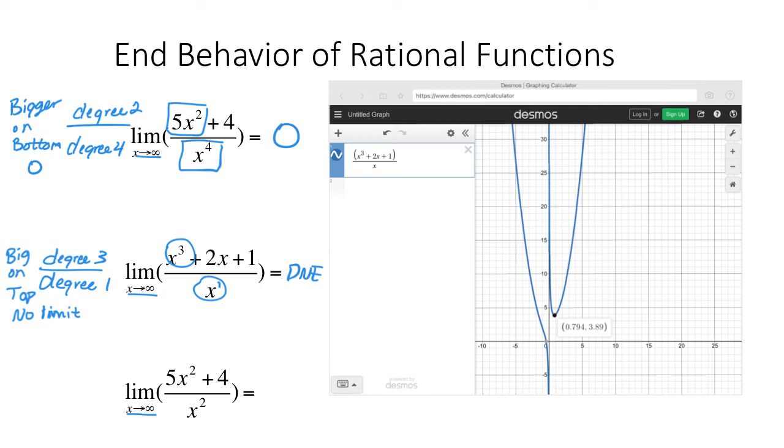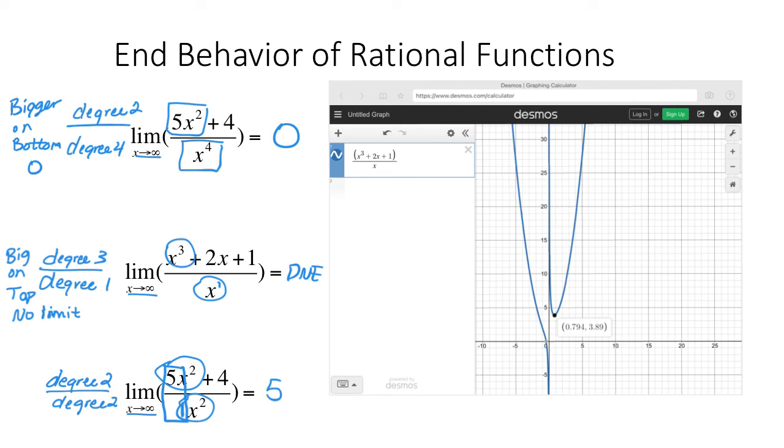So here in my last example, I have 5x squared plus 4 over x squared. When the exponents are the same, meaning the degrees match, to find your limit, all you have to do is divide your leading coefficients, meaning you divide the numbers in front of those two terms. So 5 divided by 1 gives me a limit of 5.